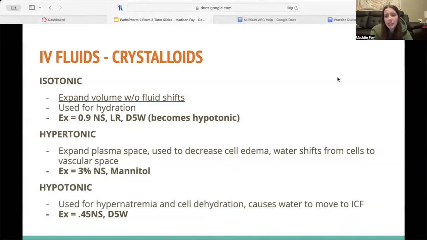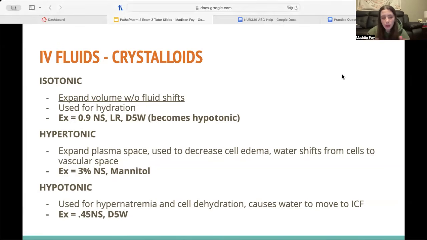Hypertonic will decrease cell size. It'll expand that plasma space by pulling water out from cells into the vascular space. And the main examples of hypertonic solutions are 3% normal saline and mannitol. And then hypotonic is primarily used for cell dehydration as well as hypernatremia. And this will do the opposite of hypertonic fluids and cause water to move into the cells.